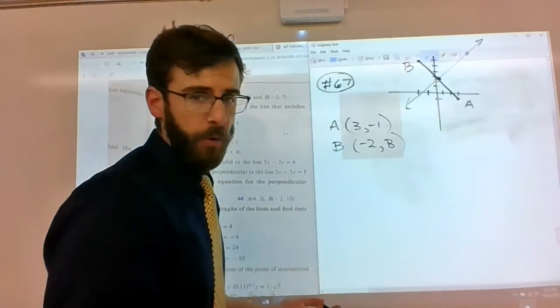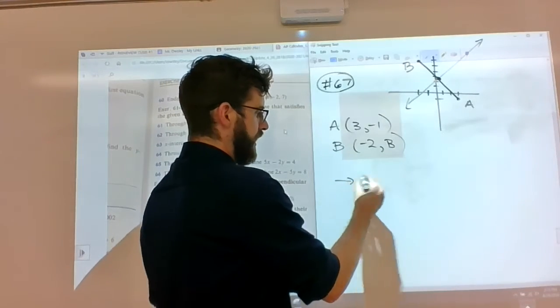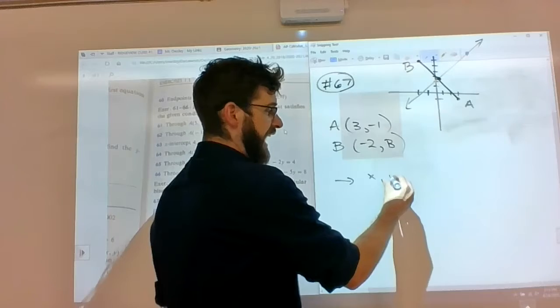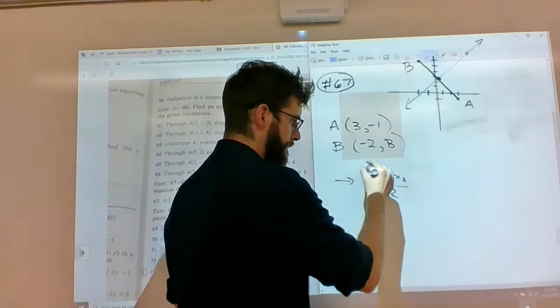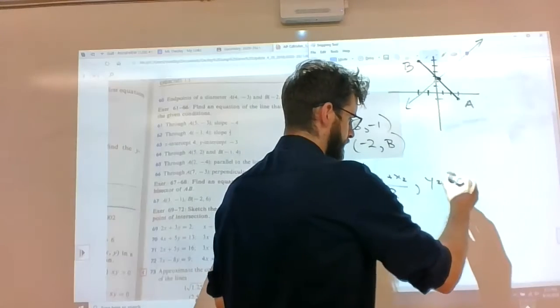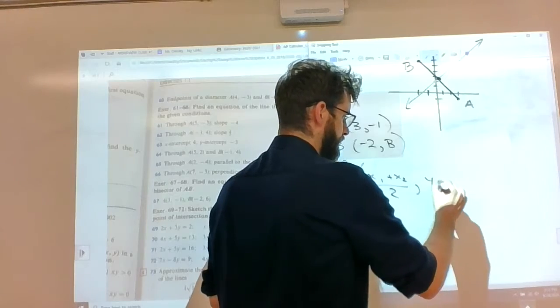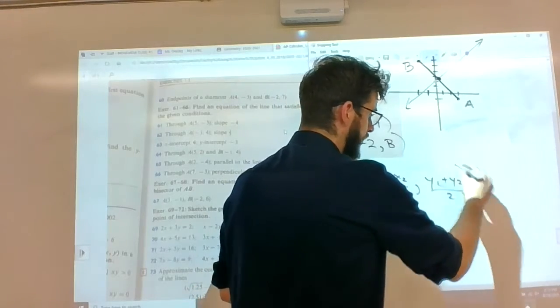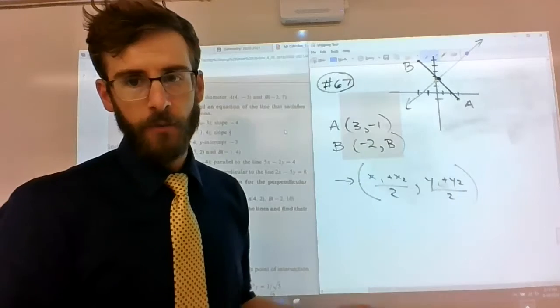If you've forgotten, the midpoint formula basically states that I just got to find the average between the x's and the average between the y's. If I do that, I've got the midpoint.